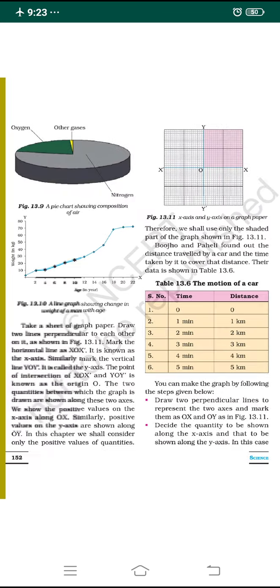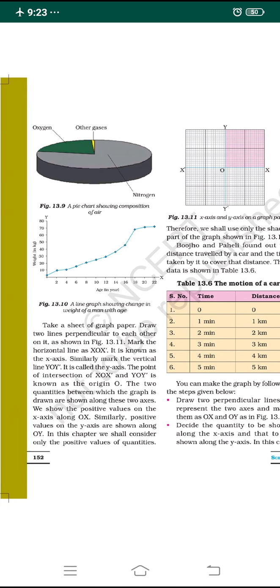Here you can see, as I told you, figure 13.9 shows the pie chart. How do we represent the information? This pie chart is used to show the composition of air. As I told you in previous classes, air is a combination of many gases. To show that, the information can best be explained and understood through the pie graphical representation.